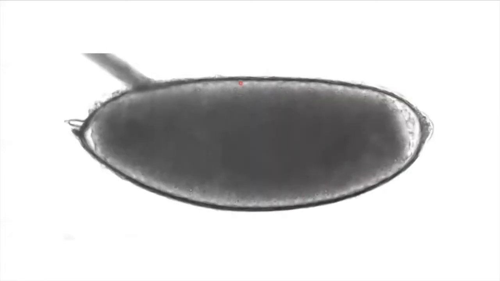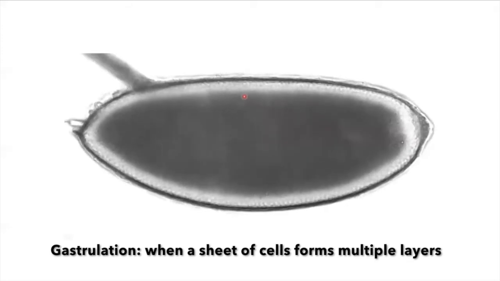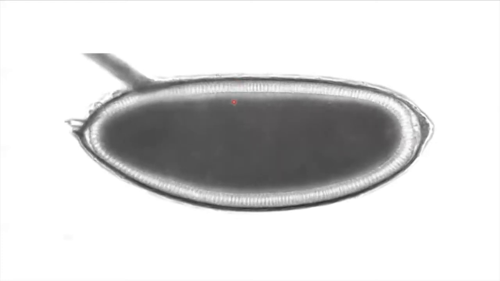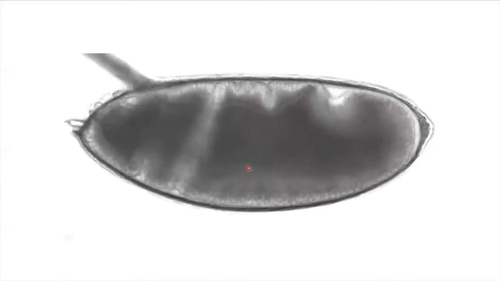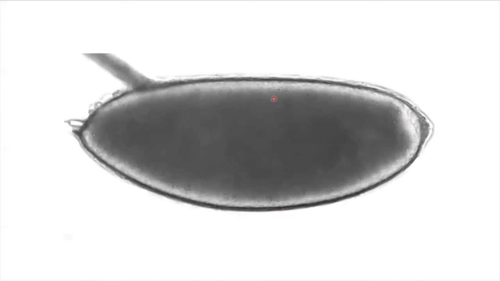Once the cells are encapsulated by cell membrane, the process of gastrulation begins. So right now, this is the process of cellularization. And now when the cells all move inward and there's this swirling process, that is the process of gastrulation.